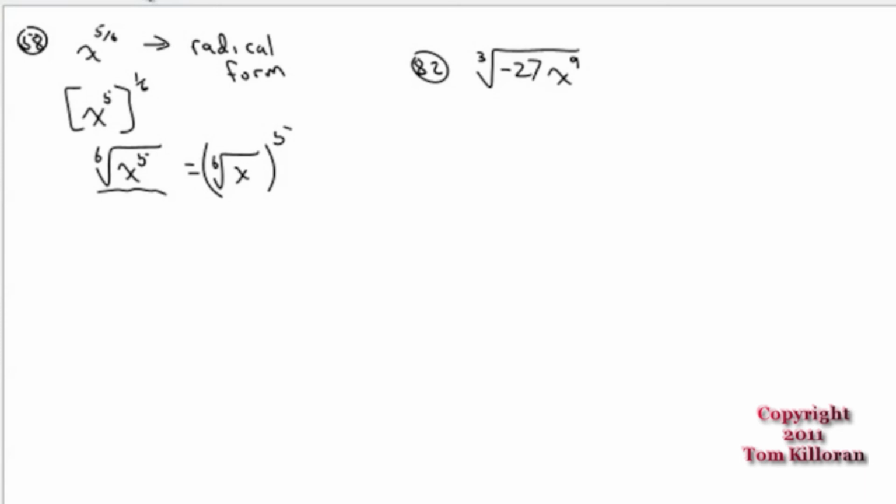I highly suggest that you change this into an exponent because you know your exponential laws. I haven't shown you your radical laws yet. So how can I deal with this 3? It's a 1/3 power, so you take the entire inside, remember this line needs parentheses, and you put it in parentheses, and you raise it to the 1/3 power.